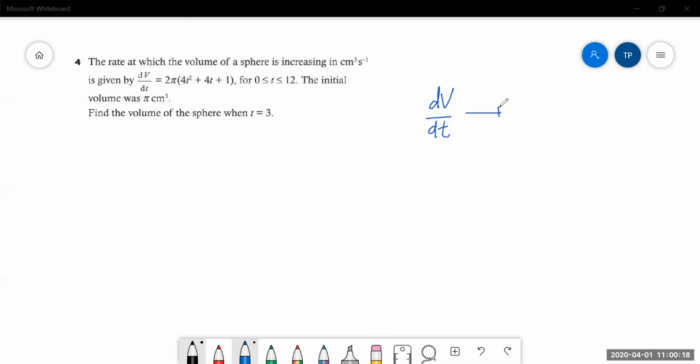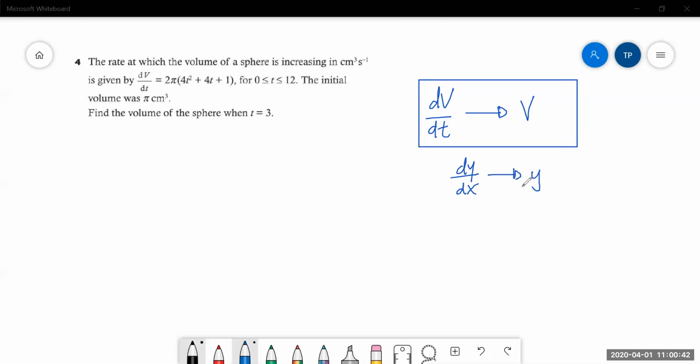What they want now is the equation of V. How do you do that? It's just like previously you had dy/dx, then you want to get y. What do you do? Yeah, you just integrate it. Exactly.